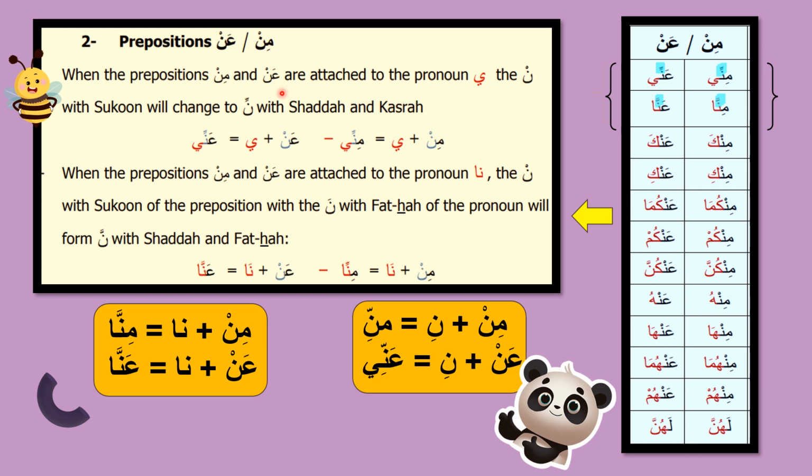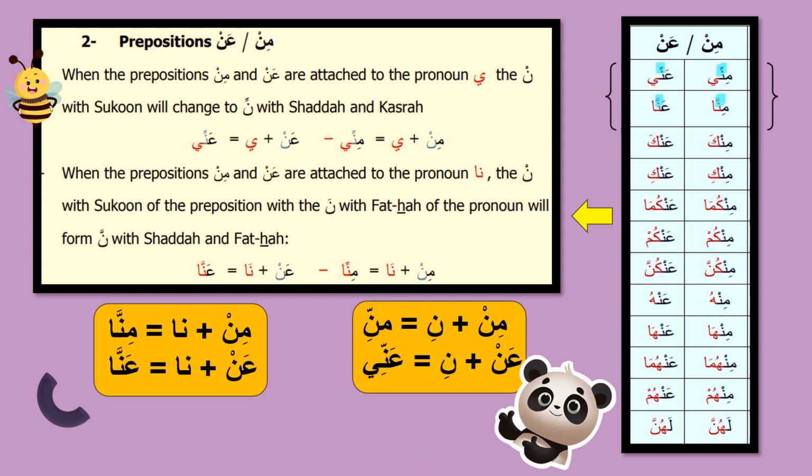The noon here, as you can see in the blue, becomes doubled. Why? Because you cannot pronounce min, pausing on the letter noon with sukoon, and then the ya mutakallim. You cannot pronounce it because you need to pronounce the ya clearly. So another noon is added with the noon sukoon, and that other noon takes the kasra of the ya.